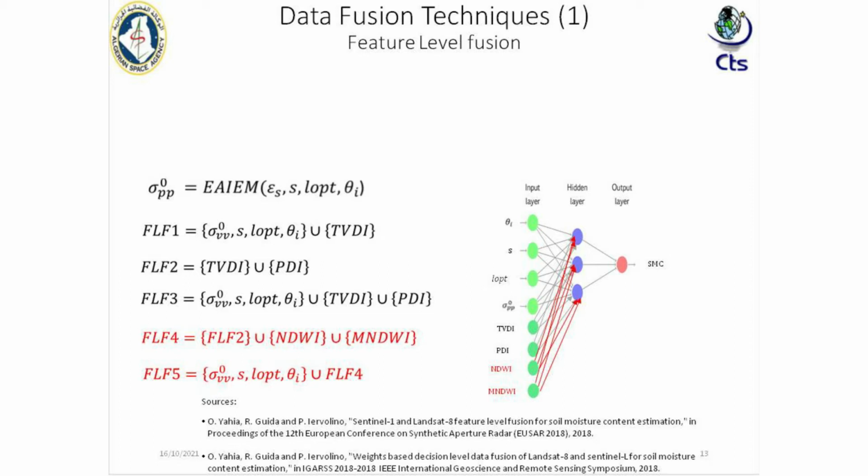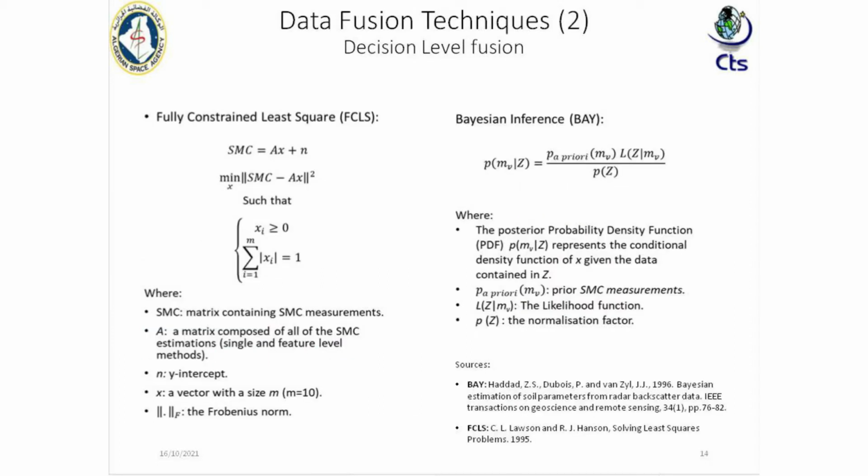And this has been a success in past studies. So, inspired by that, we wanted to take this a step further and see if decision level fusion would actually fare any better. We've done that through the fully constrained least squares and the Bayesian inference.